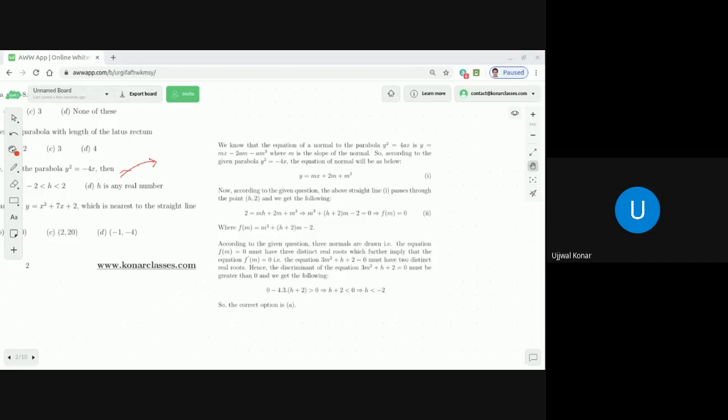Suppose I have a cubic equation ax³ + bx² + cx + d = 0, and it has three distinct real roots. That means the derivative of the corresponding polynomial must have two distinct zeros. That's what is mentioned here.